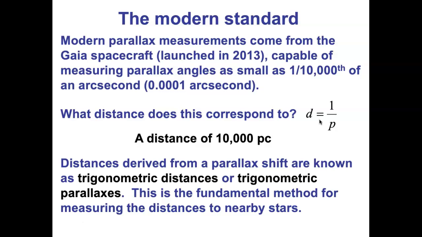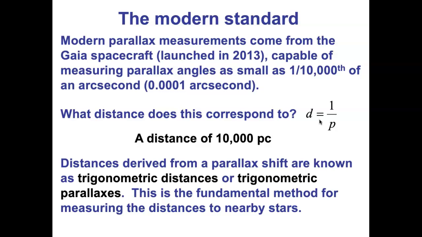Even with the best data we have, even with Gaia, eventually the stars get beyond 10,000 parsecs. Those stars we can still see, but their parallax shifts are so small that they are below the resolution cutoff of the telescope, and therefore those stars just look like they're standing still.